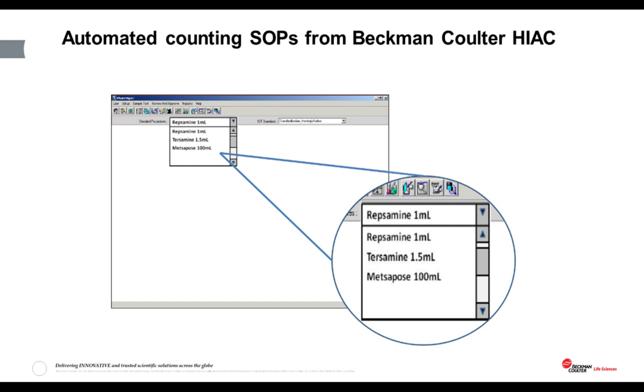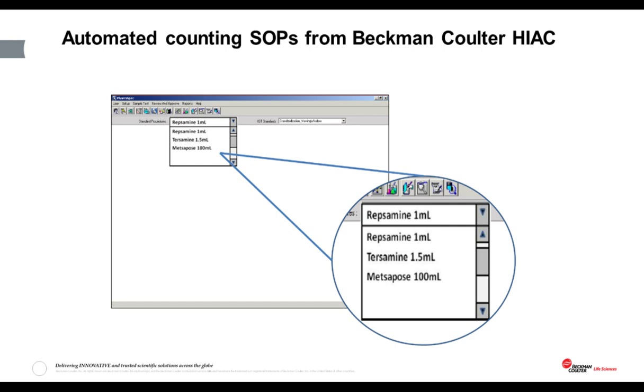As QC teams tend to refer to their product by the brand name, the optional procedure builder module for the HIAC software allows the user to name the compendial test by their product names.